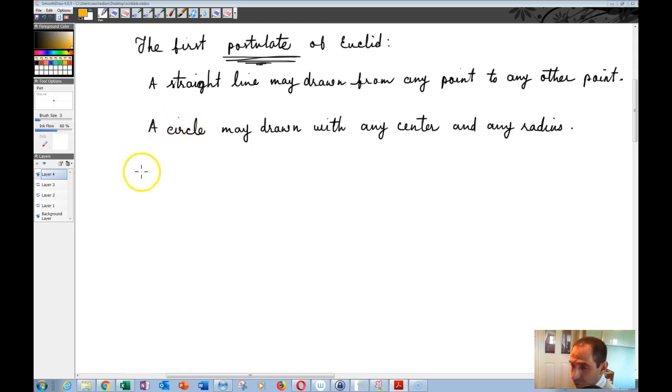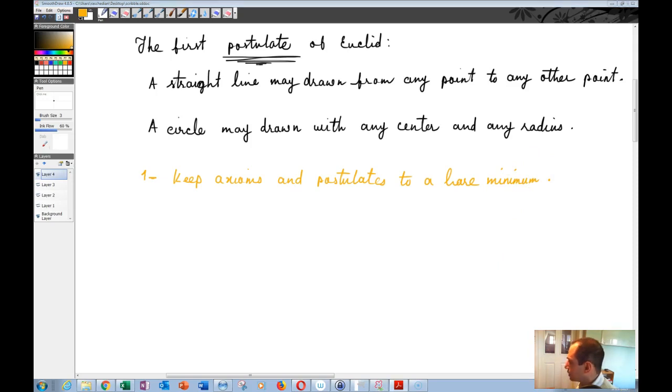So one thing that we do is that we keep the axioms and postulates to a bare minimum. Okay, so that is one thing.